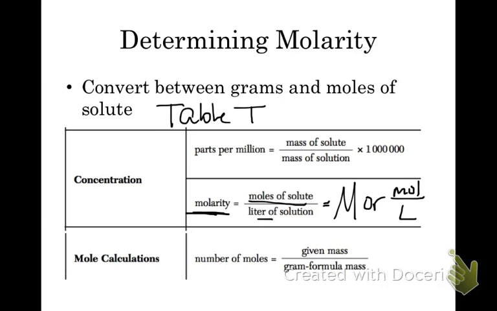If you need to know parts per million, it's the mass of the solute over the mass of the solution. So, for example, if we had NaCl, the mass of just the solid NaCl divided by the mass of the NaCl in water, times 1,000,000. We also have the mole calculations down here just to remind you. The number of moles is the mass over the gram formula mass, or the molar mass that you take from the periodic table.